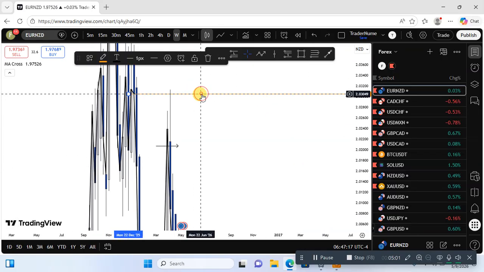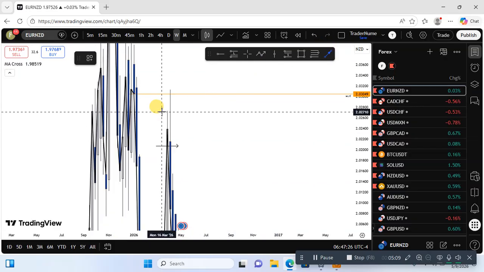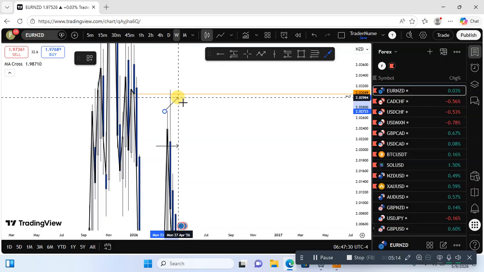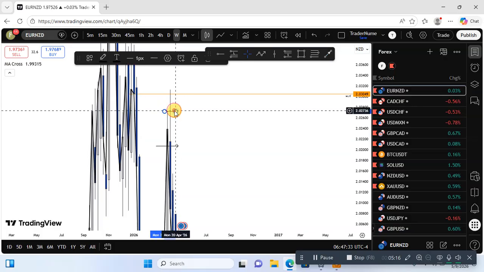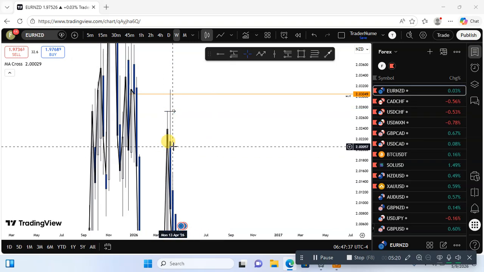As I explain something, it's going to get clearer to you when we get down to daily and 4 hours, right? So we saw the liquidity sweep, weekly liquidity sweep. Now I'm going to take out this monthly because we know what price is doing.